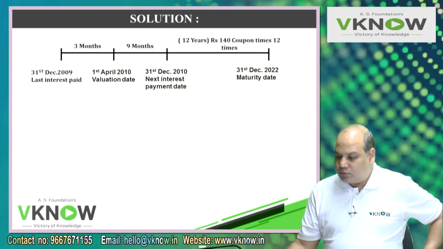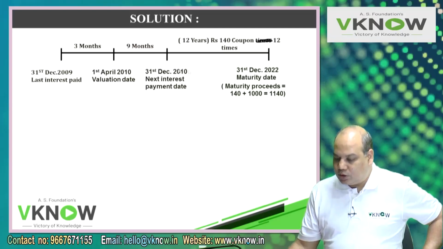To calculate clean price, 140 rupees coupon will be received 12 times, and then on the maturity date you receive coupon plus redemption value. So remember, when you compute the clean price on this date, take 12 coupons of 140 rupees each and redemption value of 1000 rupees.